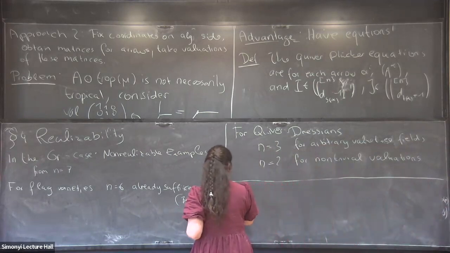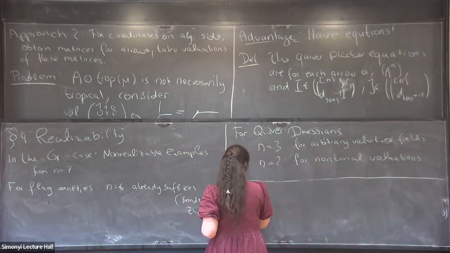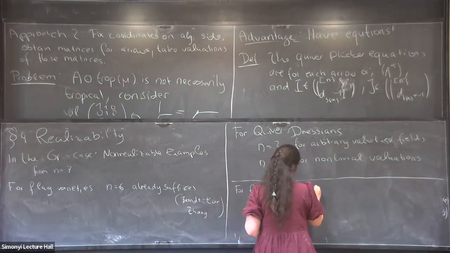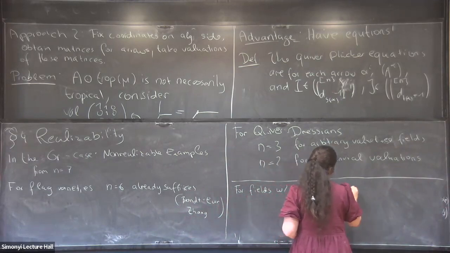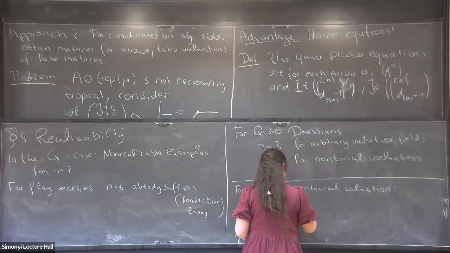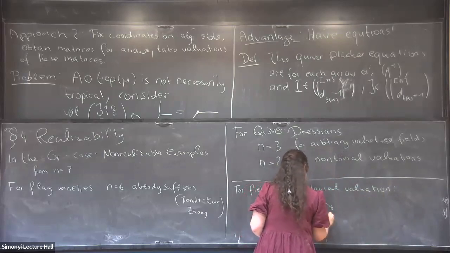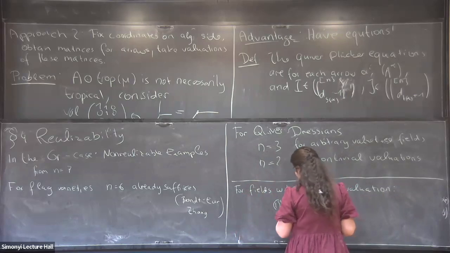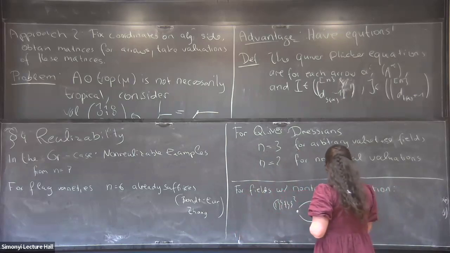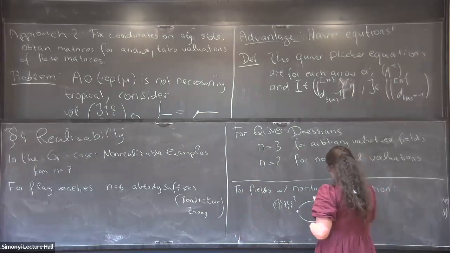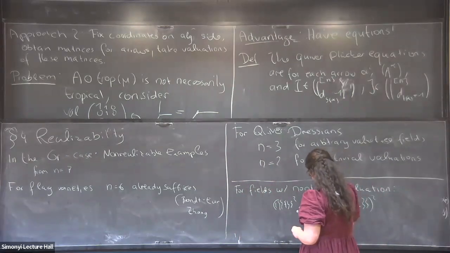So for fields with non-trivial valuation, we can consider this over here, where, for our example, we have the field of Puiseux series over C. And we have the maps that we assigned earlier today.